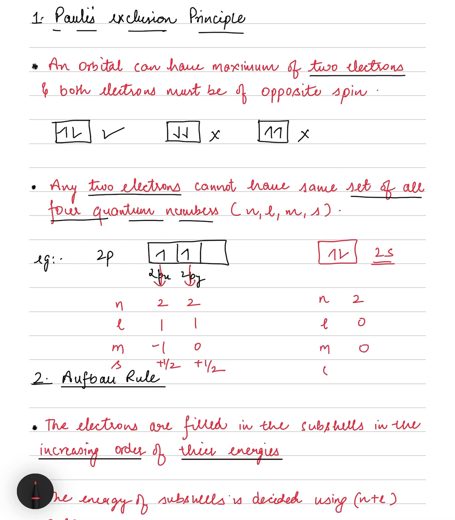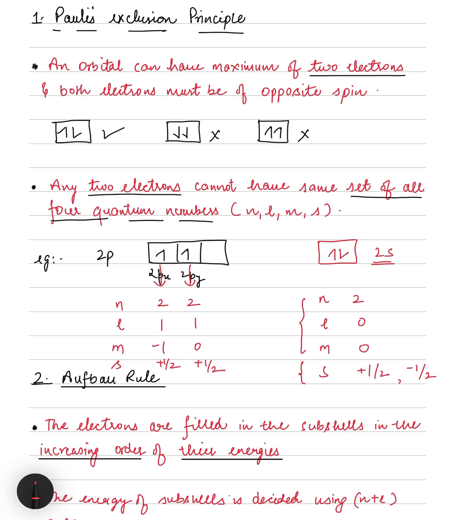But for the value of spin, one electron is plus half, or clockwise rotation, and the second electron is minus 1 by 2, that is anticlockwise. So you see here also that the first three quantum numbers are the same for both the electrons, but the last one, the spin quantum number, is different. That is how we finally justify this statement.